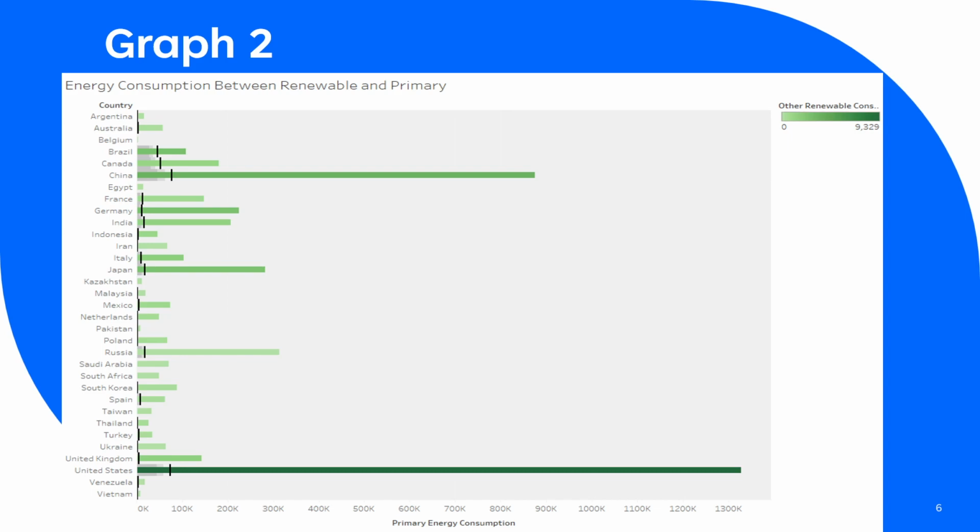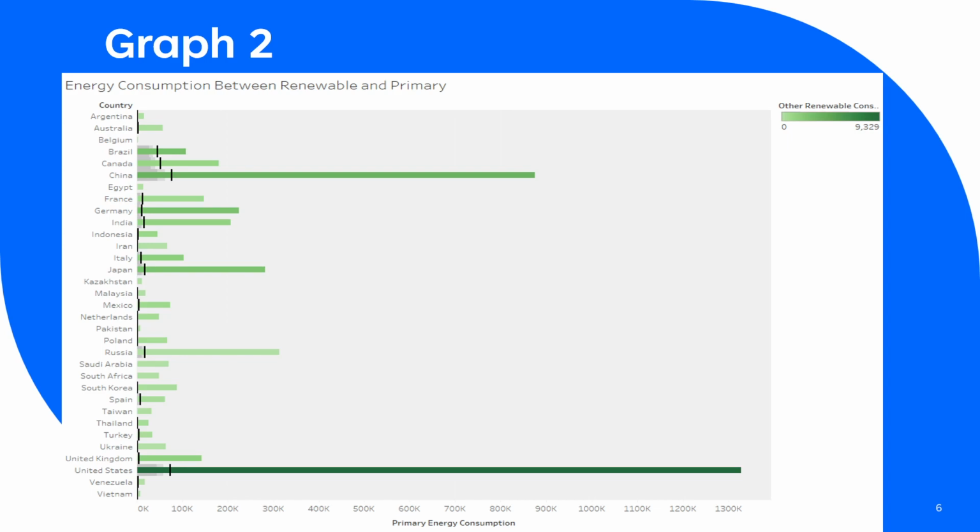After looking at that and not noticing any major anomalies, I decided to continue my exploration into energy sources. And I was like, maybe renewable versus non-renewable energy could find some interesting results. And so I made this bullet graph right here, in which the length of the bar indicates how much primary energy consumption is used, so non-renewable sources.